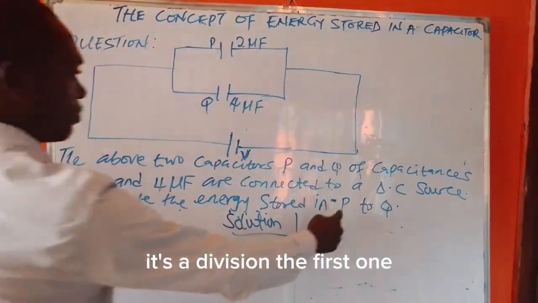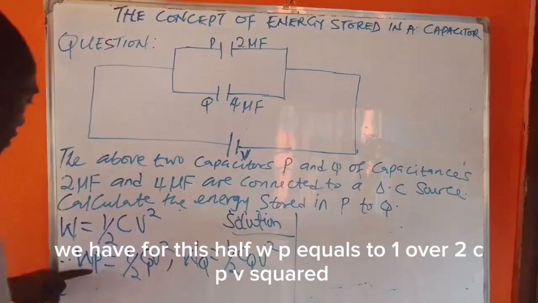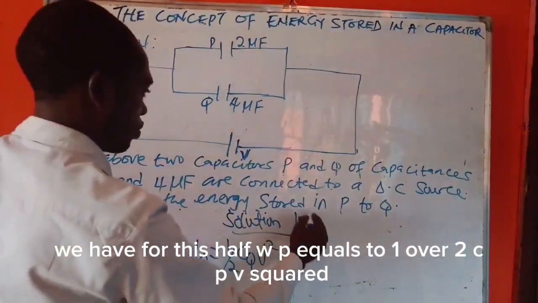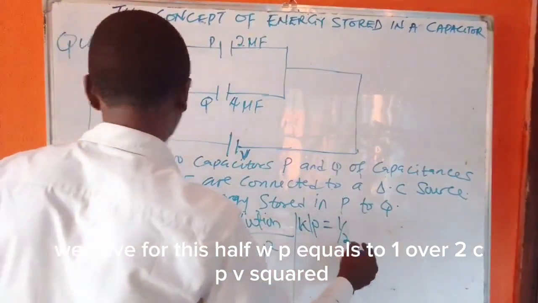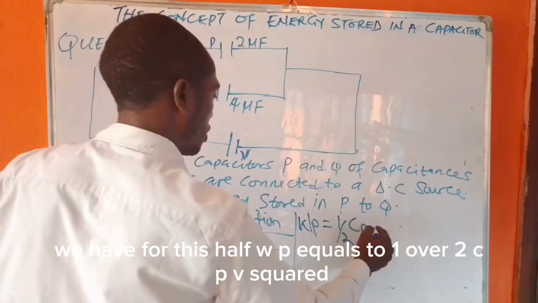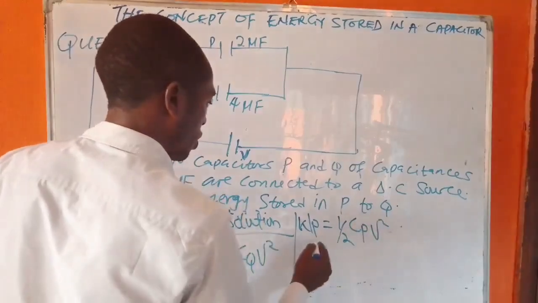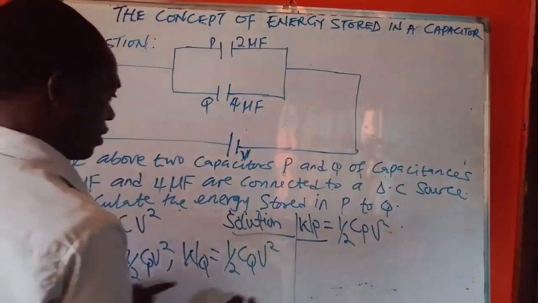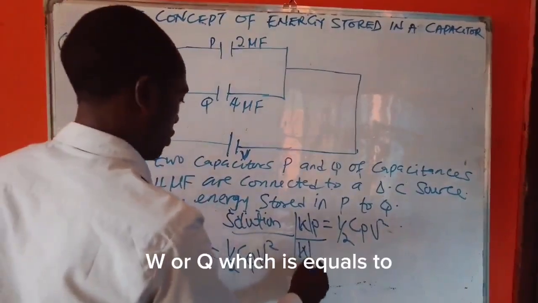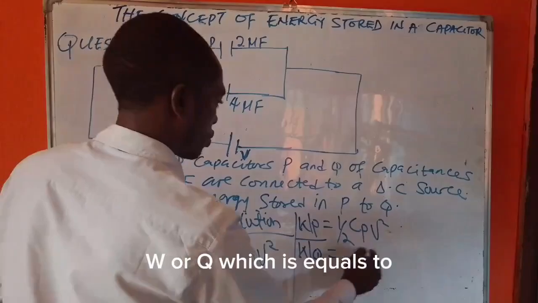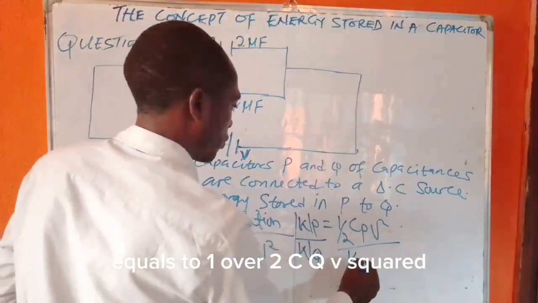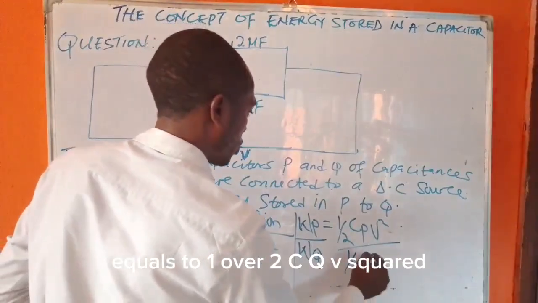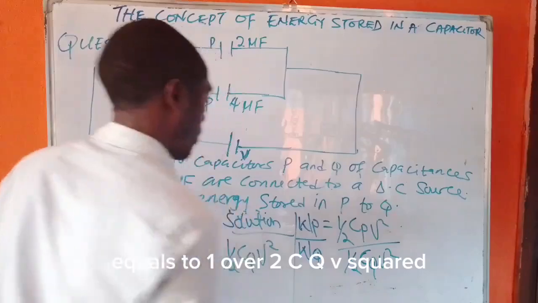The first one, P over Q. So we have W P equals 1 over 2 C P V squared, all over W for Q, which equals 1 over 2 C Q V squared.